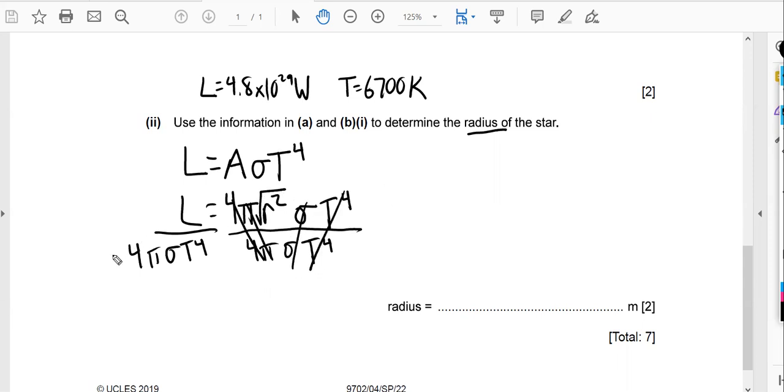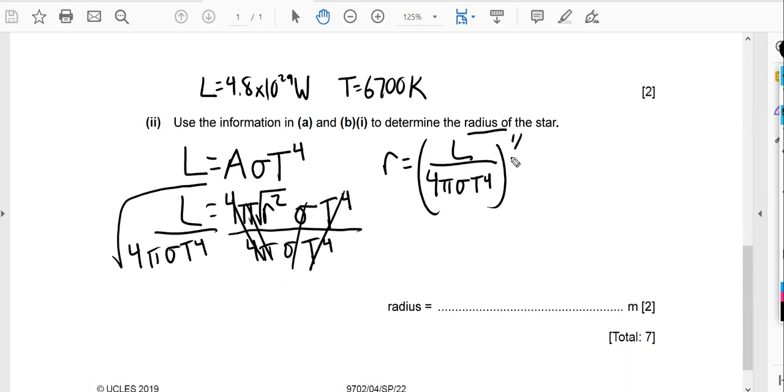Take a square root, and we get R equal to, I'm going to write it like this. The square root, remember, is the same thing as raising it to the 1/2. And so maybe it'd be more clear to see that if I use that. So it's going to be L over 4 pi sigma T to the fourth. But I want the square root of all of that. So that's raised to the 1/2 power.